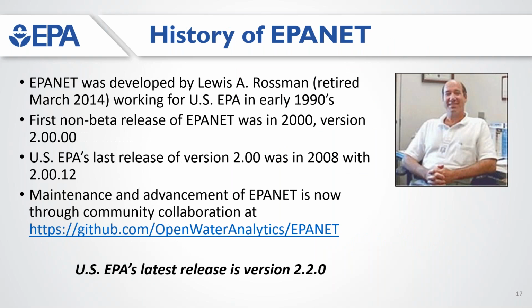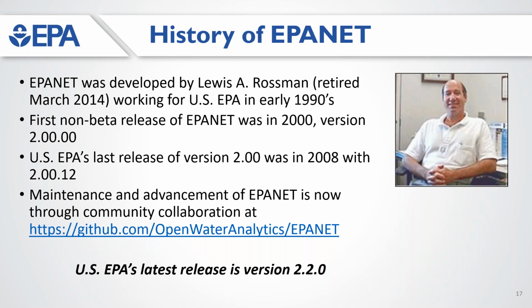A little bit of background and history of EPANET. EPANET was developed by Louis A. Rossman, who has been retired from the EPA since March of 2014, and he developed it at EPA in the early 1990s. The first non-beta release of EPANET was in 2000, which was version 2.00.00. The US EPA's latest release was in 2008 with version 2.00.12.